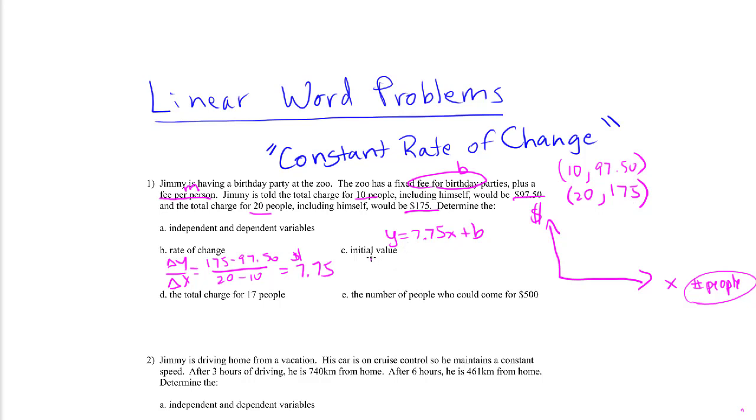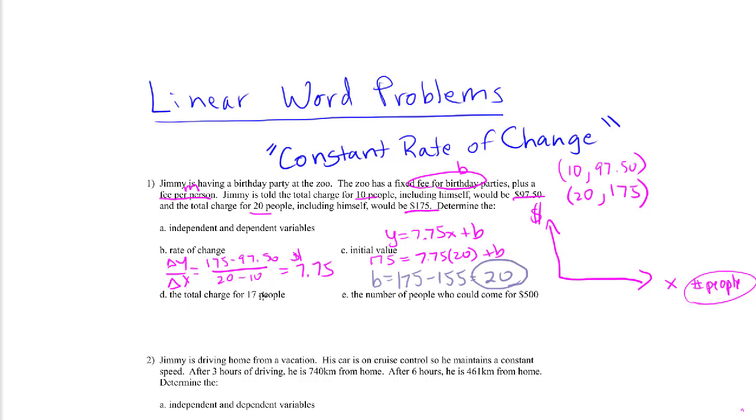So I can say 175 equals 7.75 times 20 plus b. b equals 175 minus 7.75 times 20, if I subtract that from both sides, which is going to be 155, and that equals 20. So our initial value is $20 fixed fee when there are no people going to the zoo as part of your party.